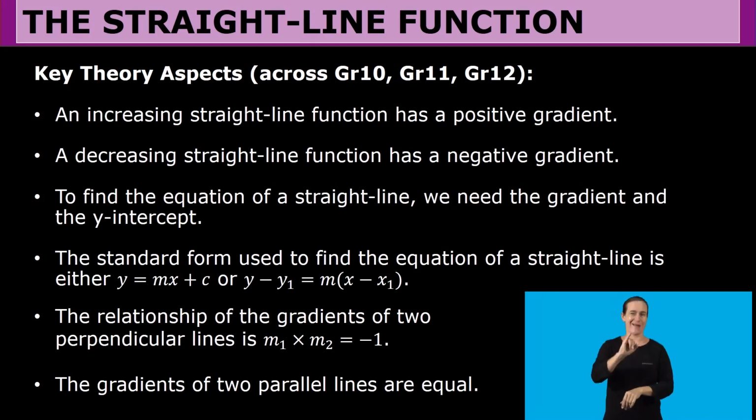The standard form used to find the equation of a straight line is either y = mx + c or y - y1 = m(x - x1). The relationship of the gradients of two perpendicular lines is that the gradient of one line multiplied by the gradient of the other line is equal to -1. And the gradients of two parallel lines are equal.